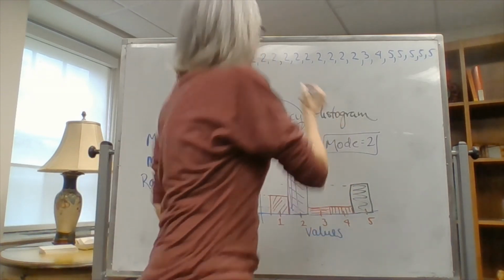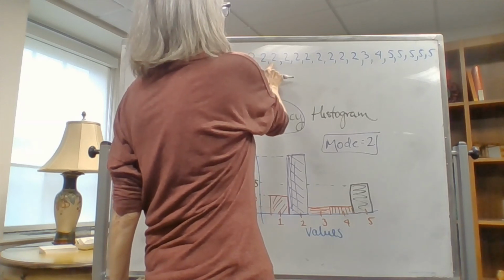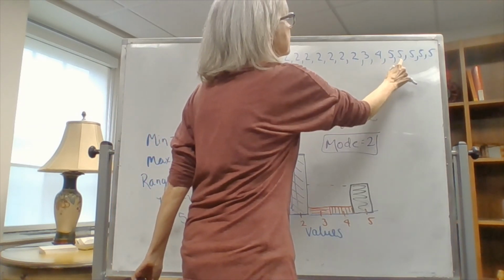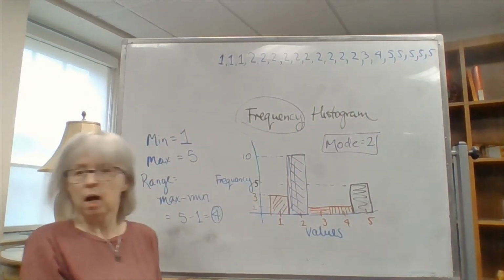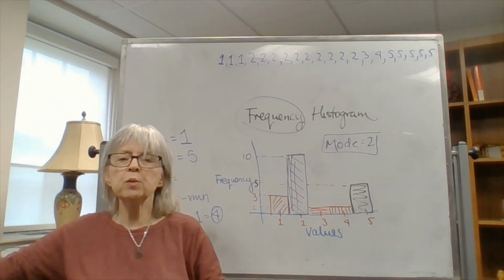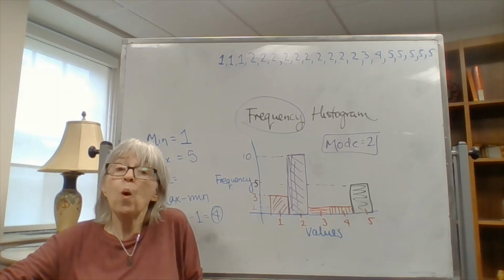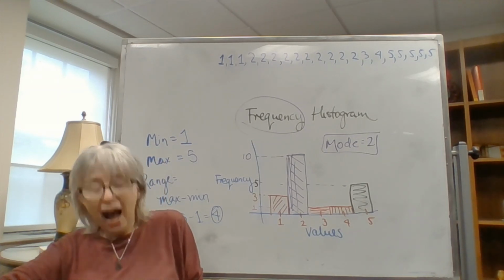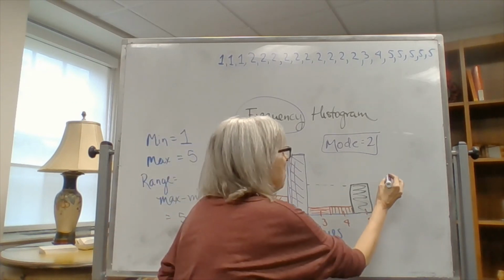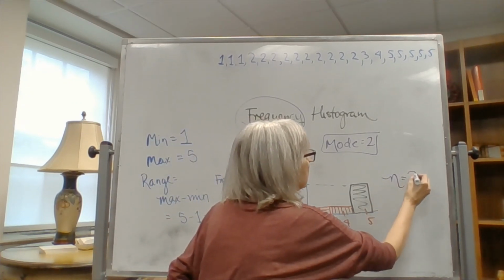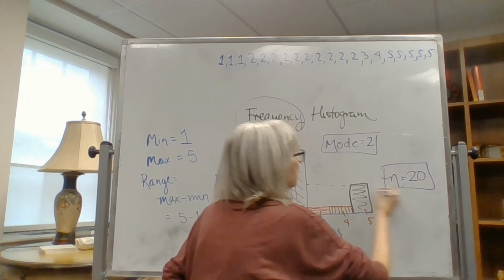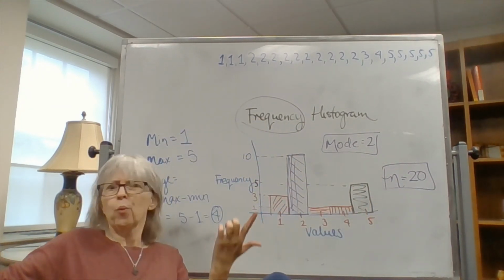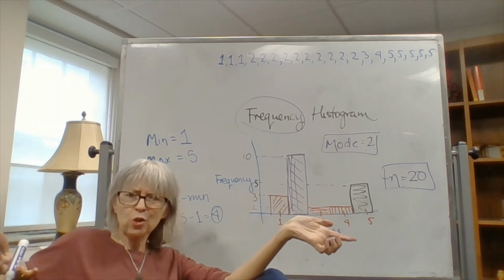Am I right? 1, 2, 3, 4, 5, 6, 7, 8, 9, 10, 11, 12, 13, 14, 15, 16, 17, 18, 19, 20. Oh my gosh. If my frequency histogram is well labeled and easy to read, I will even know that my sample size is 20 in this case, or whatever the sample size is for the histogram that you see.